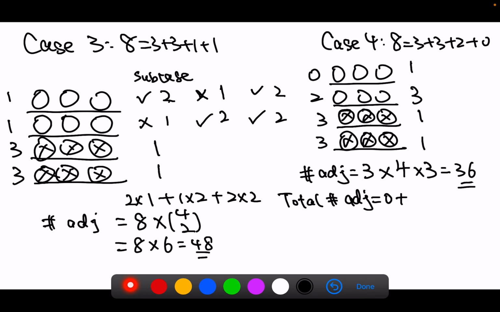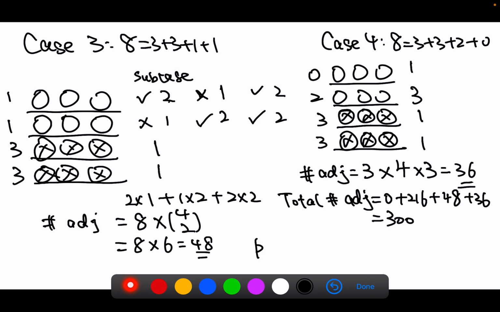Check your notes, it's 216. Case 3 has 48. Case 4 has 36. So add all of them up. You will find for 300 cases, this would work. And your total population, the universe, is 495.